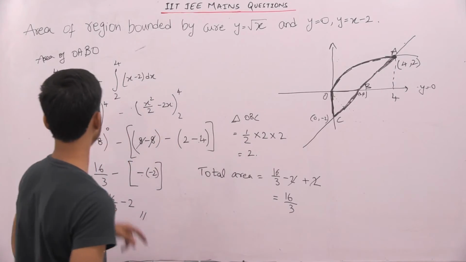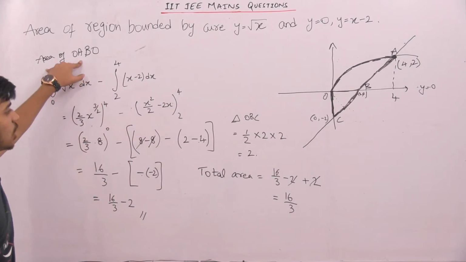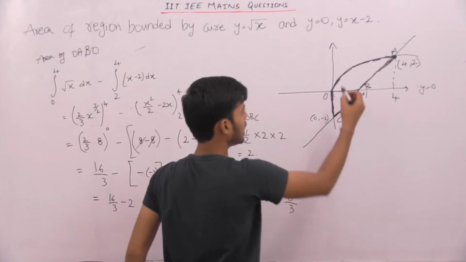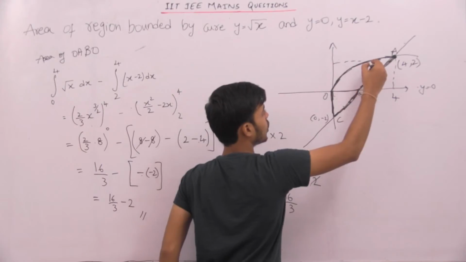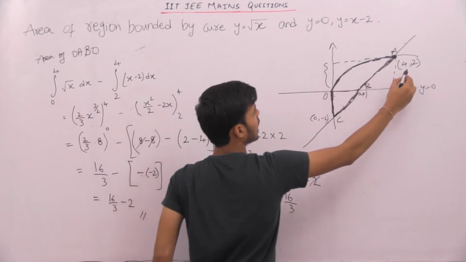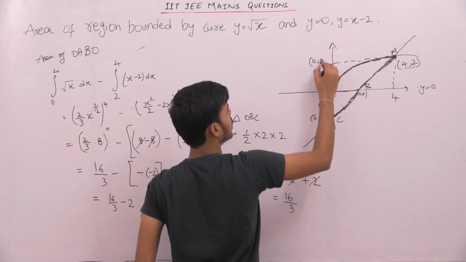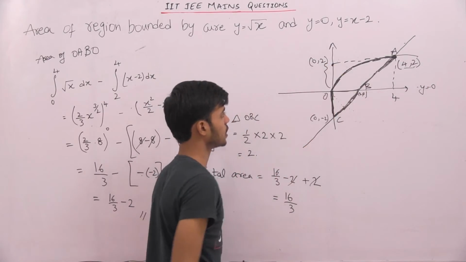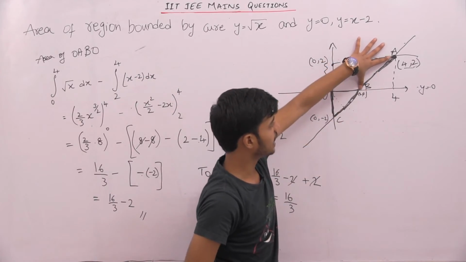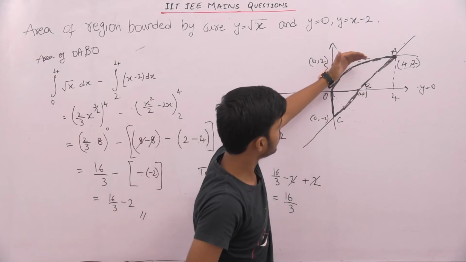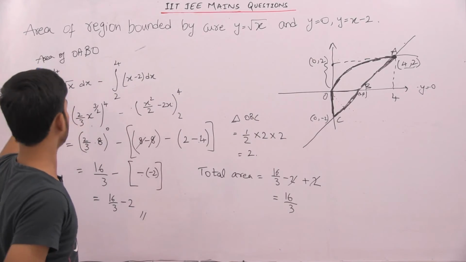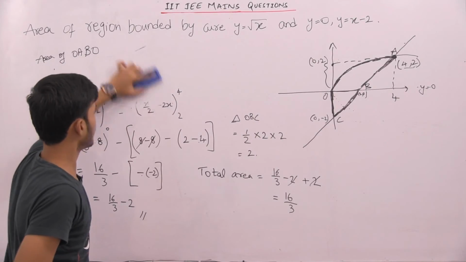Now if we observe here, we found the area of OABO through the x axis, and if we want, we can also find it through the y axis. As we have seen here, this is the point (0, 2). So first in this case we find the area under this line, later on subtract the area under this curve, and in the same way we get the area of OABO.